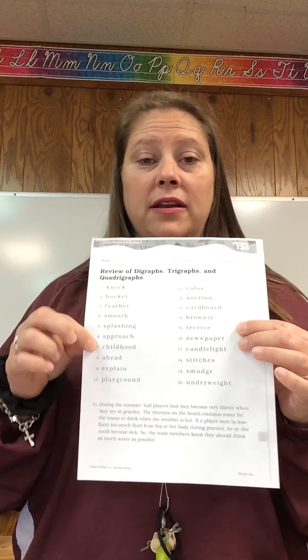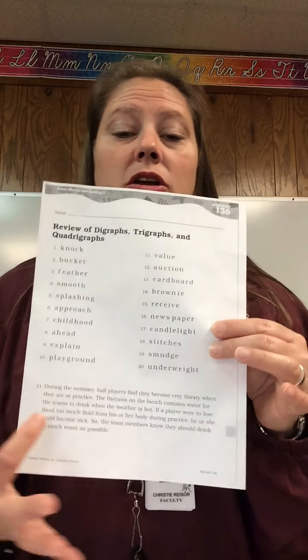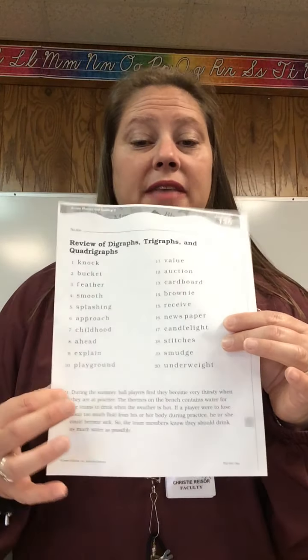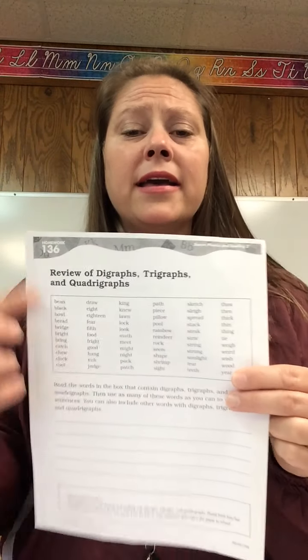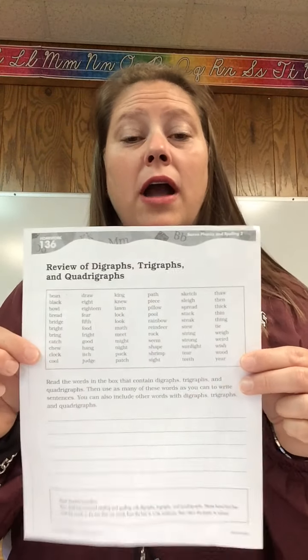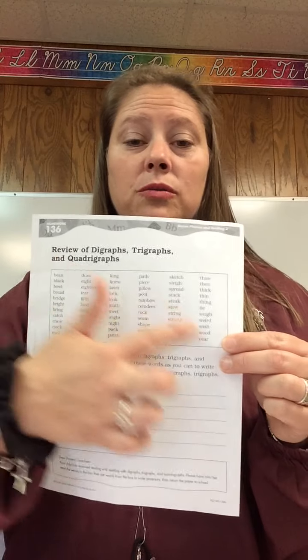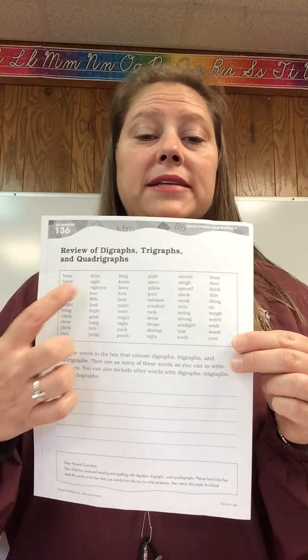As far as this paragraph down here on the bottom, you just need to make sure that you can read through that and read that to someone. On the back, these are words that contain digraphs, trigraphs, and quadrigraphs. You're going to read through those, and then you're going to make sentences with as many of those as you can. Okay?